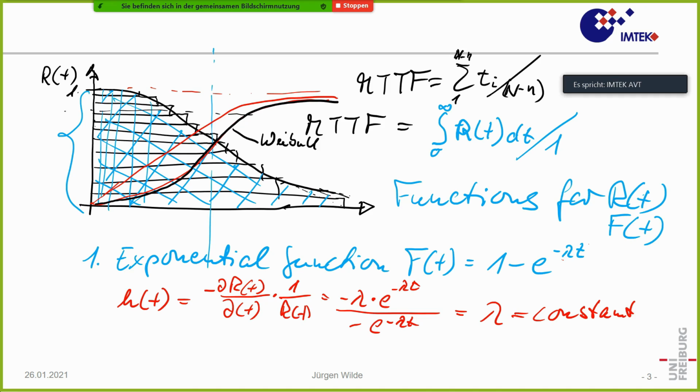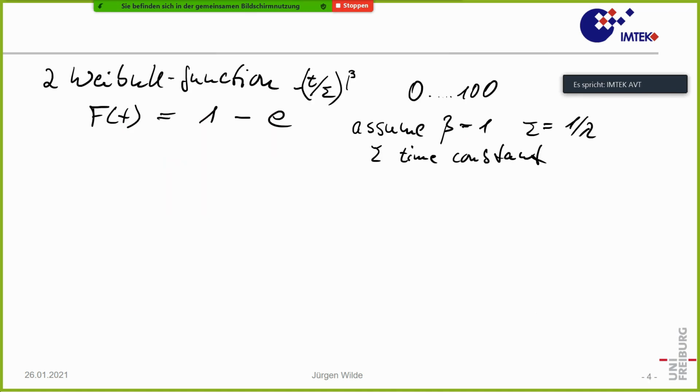Also, we can look for the time constant, and when the failure function has a value of 0.63 or of 63%, that point of time defines the time constant of our failure process.